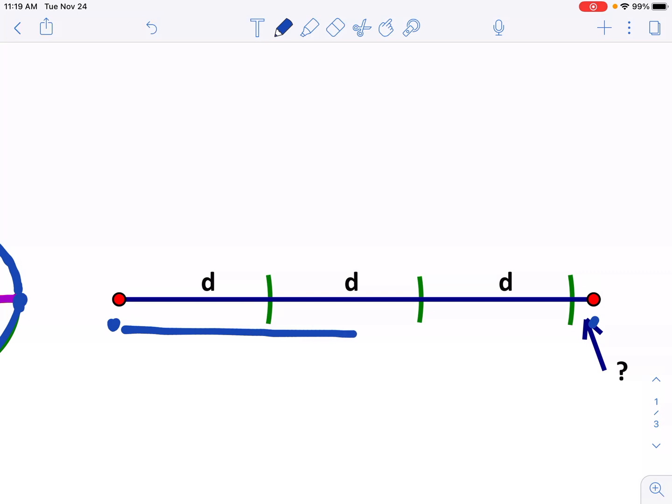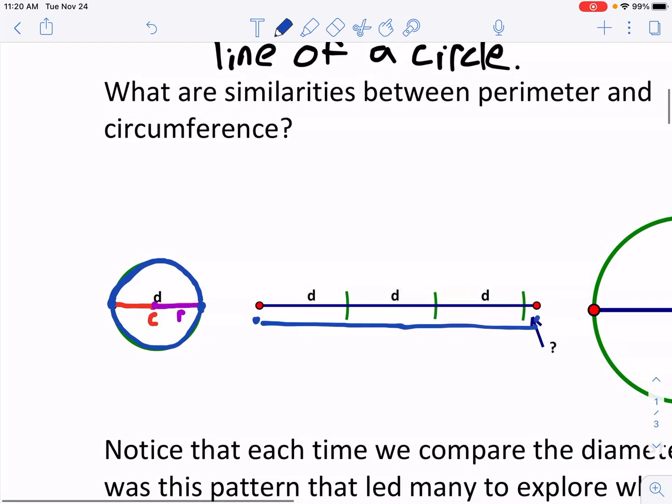This would represent our circumference of that circle. So if we unpin one of these points and lay it out as a straight line, that would represent the total distance around the circle laid out as a straight line.